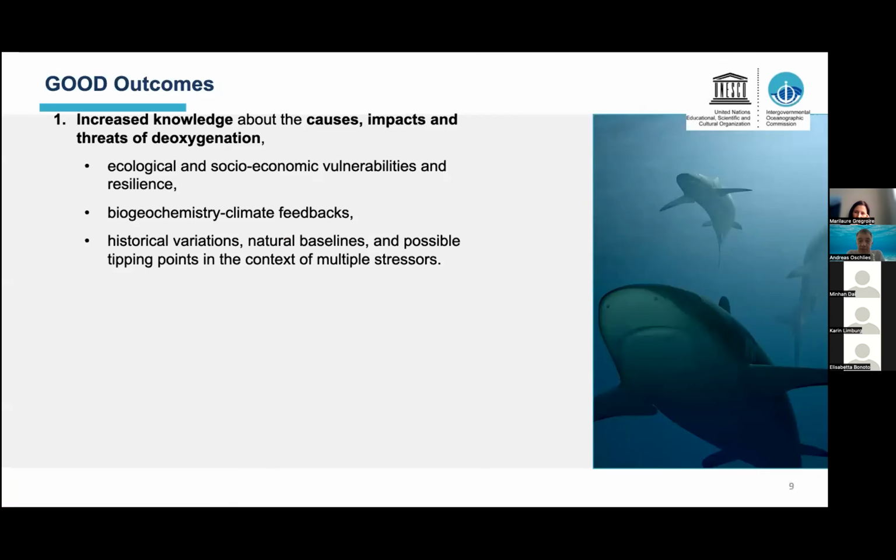The outcomes we expect from this decade are increased knowledge about causes, impacts, and threats of deoxygenation, so a full comprehensive understanding. That's from ecological and socioeconomic vulnerabilities over biogeochemistry and climate feedbacks via greenhouse gases, and also putting all this into historical perspective, a better understanding of the history of the Earth, to also allow us to provide natural baselines and indicators as well.